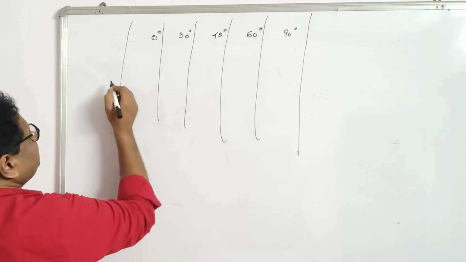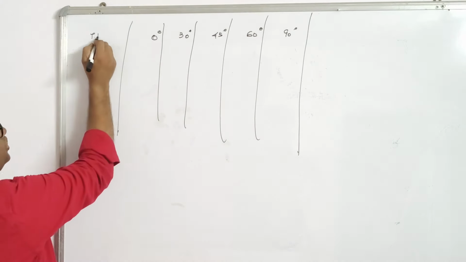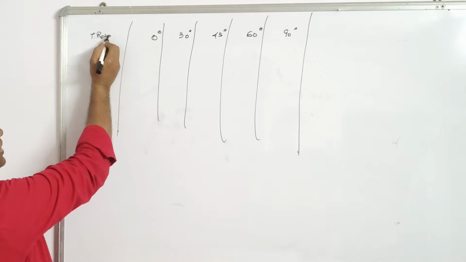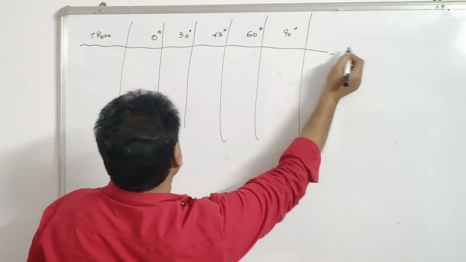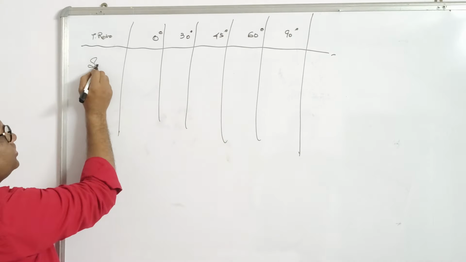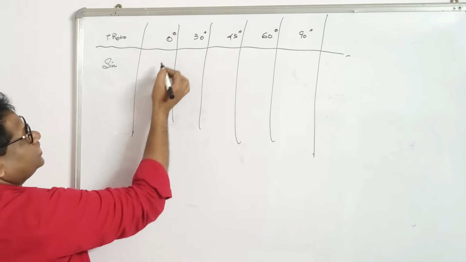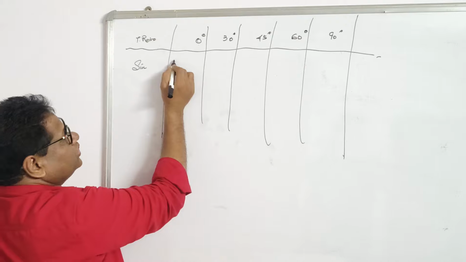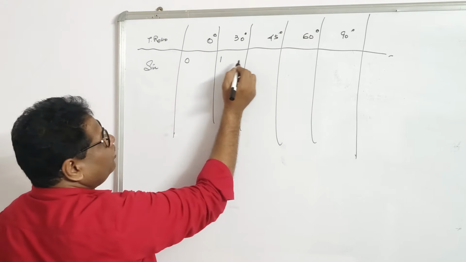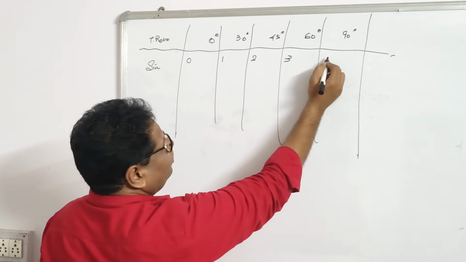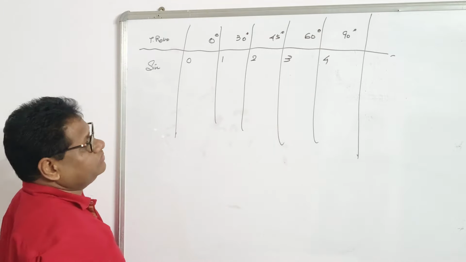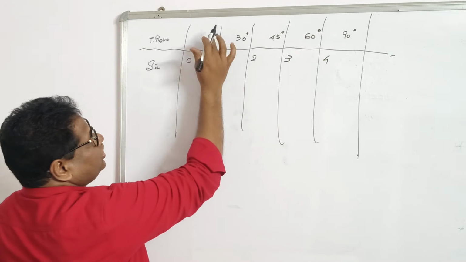Now how to find the values? These are the T ratios, trigonometrical ratios, whose values you are going to find out. Suppose we are writing for sine.